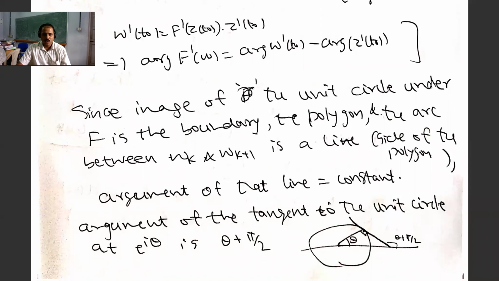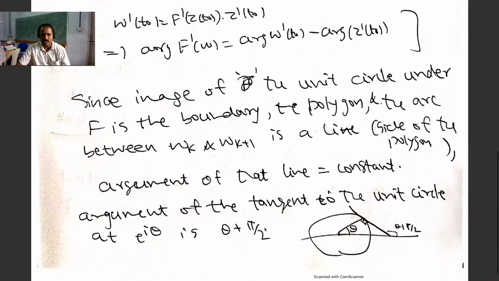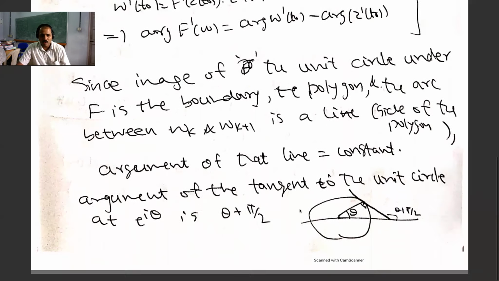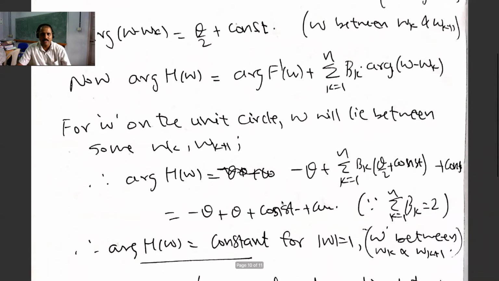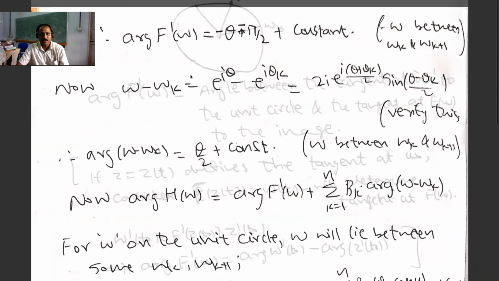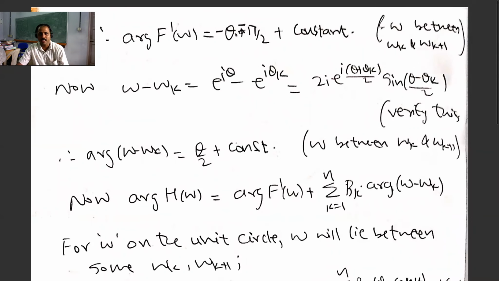The argument of the tangent to the unit circle at e raised to i theta is theta plus pi by 2. Taking everything into consideration, the argument of f dash omega is minus theta minus pi by 2 plus a constant, and you compute the argument of omega minus omega k, which is theta by 2 plus a constant.